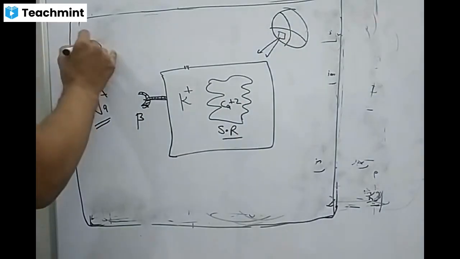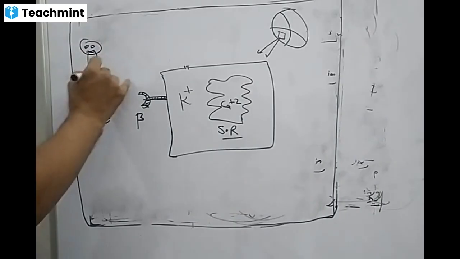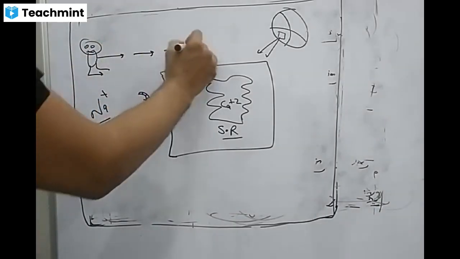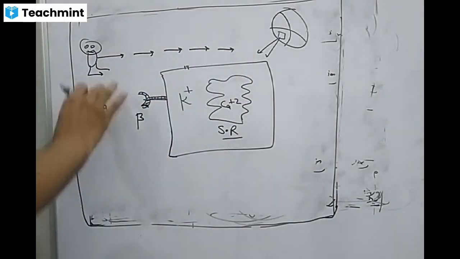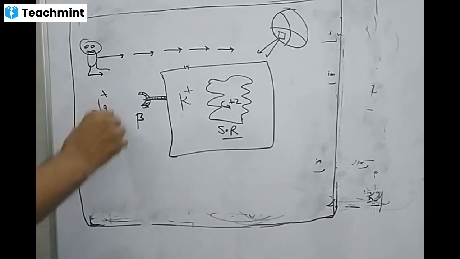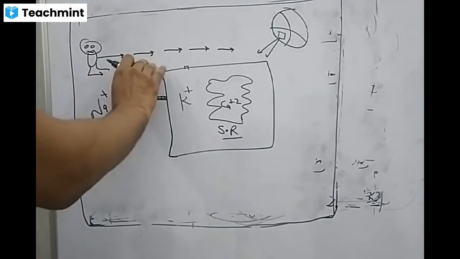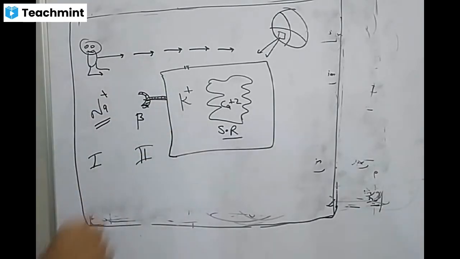So if you start moving from outside to inside, what will you find? At the first step, we have sodium. One step ahead, we find the beta receptor.